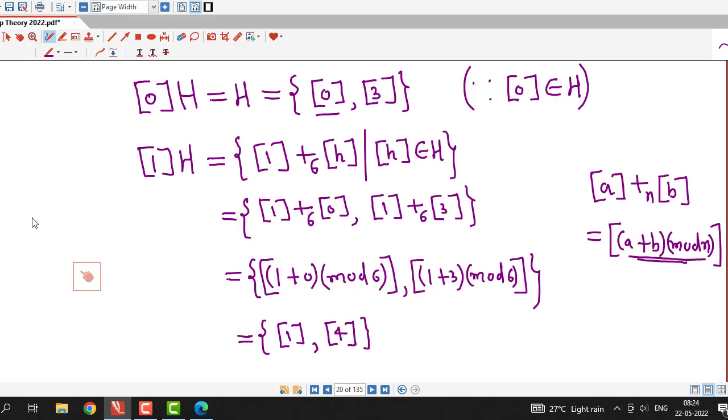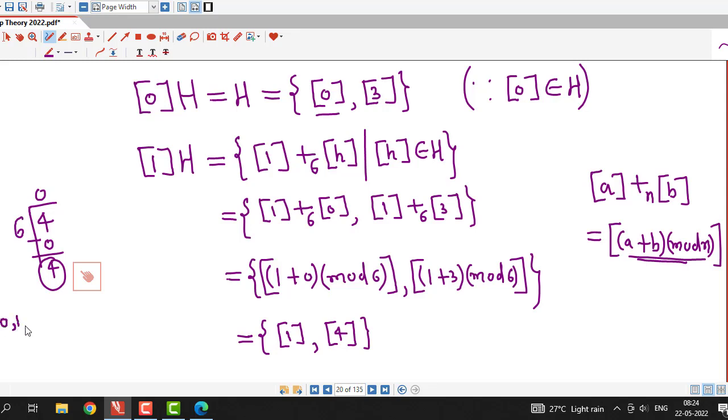You can understand it in this way also. 1 plus 3 is 4, and we divide 4 by 6. Suppose we multiply 6 by 0, here we will have 0. So the remainder when 4 is divided by 6 is 4. Similarly, the remainder when 1 is divided by 6 is 1. So in fact, if our integer is less than 6, then the remainder will be that integer itself.